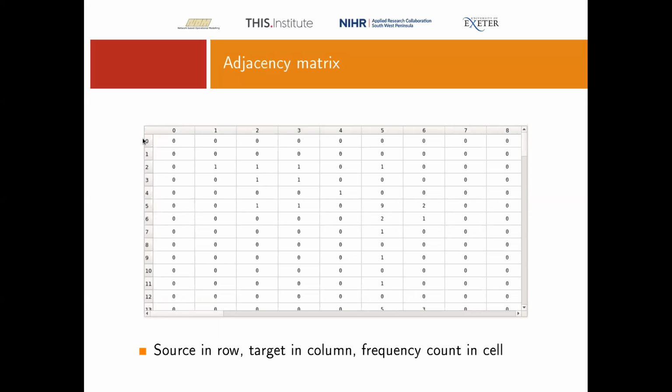And again, 0 and 0 here, or 1 and 1 on the rows and columns, will represent the same service. When we're building the adjacency matrix, we're going through our data and looking at the first service used by a patient, and then the next service that they used. The first service becomes our source, and the second service becomes the target.